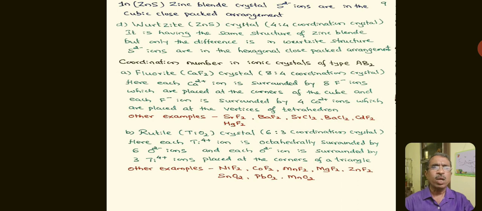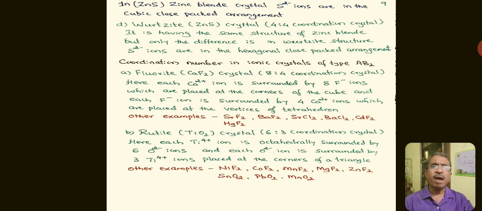So therefore, the coordination number of calcium is 8 and coordination number of fluoride ion is 4. Other examples are strontium fluoride, barium fluoride, strontium chloride, barium chloride, cadmium fluoride, mercuric fluoride.